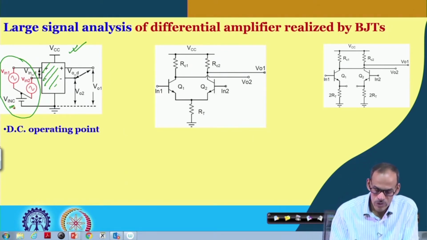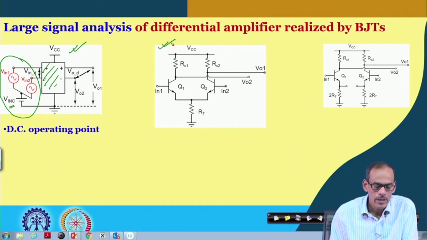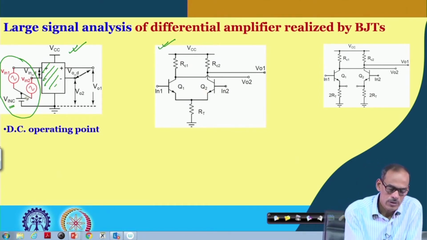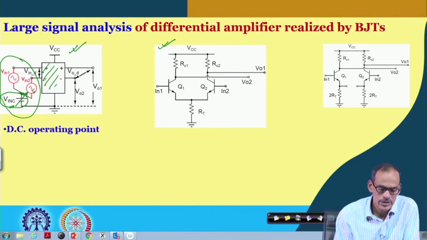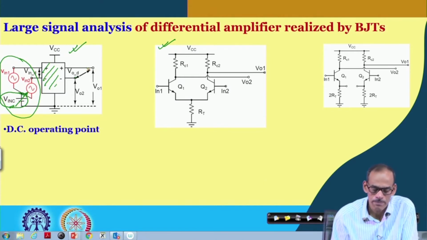And here we have the corresponding implementation. Now, we are going to talk about what is the role of this DC voltage, what may be the range of this DC voltage, and if we vary this DC voltage, what may be the situation at the output.